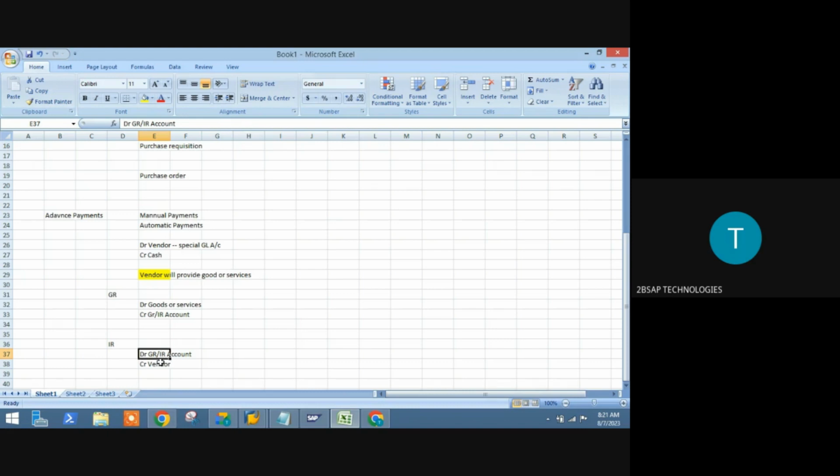That means if the invoice value is more than your GRIR value, then it will get debited again to the respective goods account, or it may be debited to the respective alternative account whatever we are giving. That is the way the entry will happen.